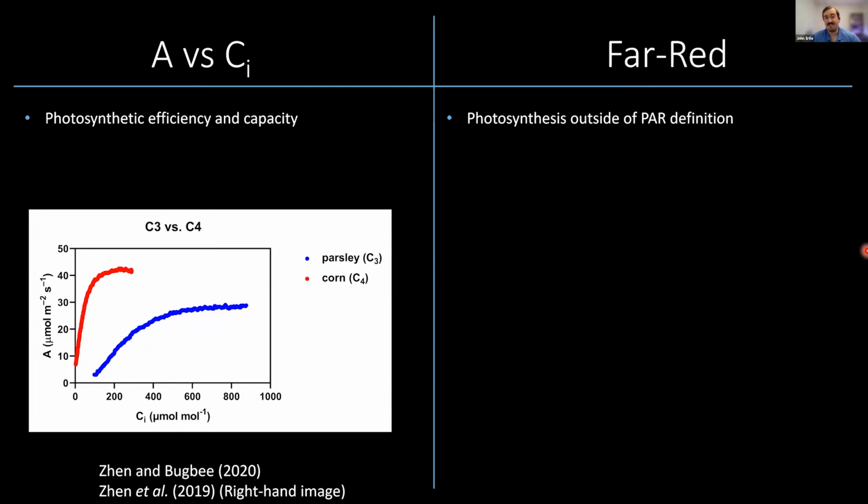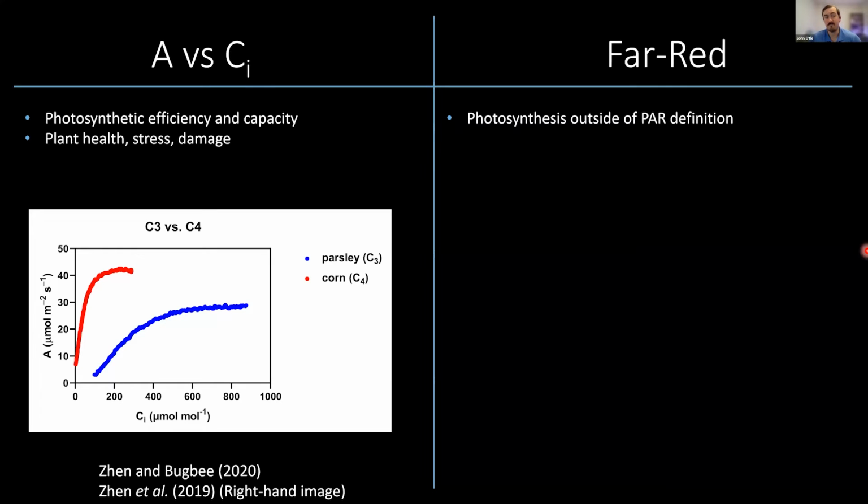So basically, the total concentration minus the consumption rate of carbon is what gives us an estimation of intercellular CO2, or as I'll call it, CI, throughout this presentation. And there are pretty stark differences between how C3 and C4 plants assimilate carbon from the atmosphere.